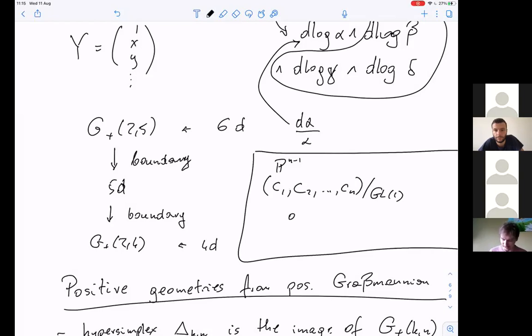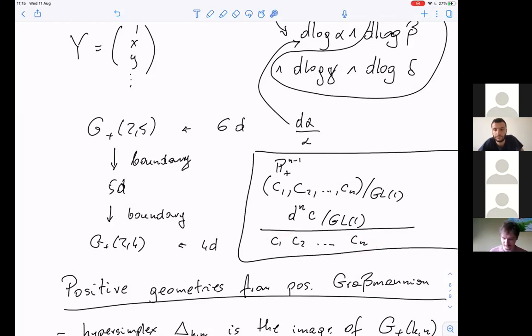Then I can write this as d^n C, the product of all possible C's, modulo GL1, divided by C1, C2, up to Cn. On the positive part of the projective space, that would be the canonical form.